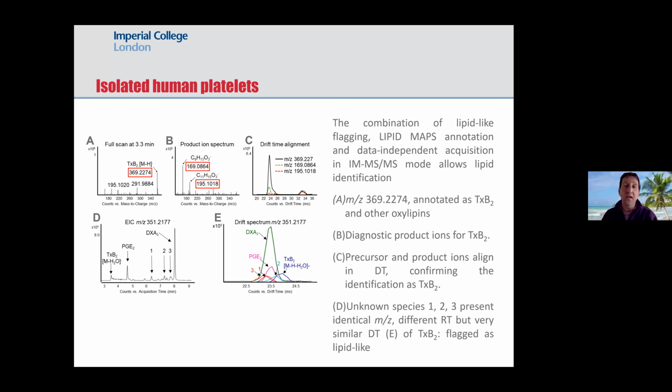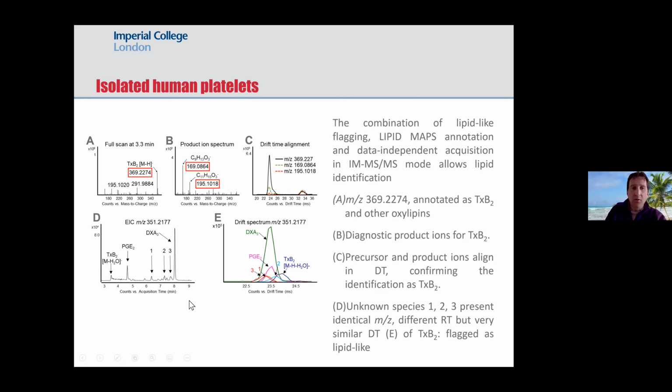The other information that we have is the CCS value, and we can make sure that all those things align. So it's a bit like climbing: we've got at least 3 points of contact at this point in terms of this molecule, and we can be pretty happy in terms of our identification of this particular thromboxane.